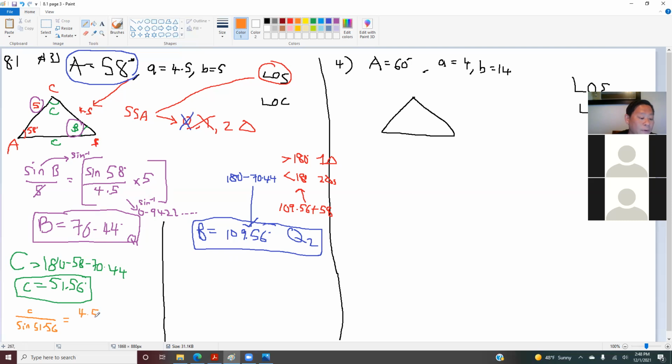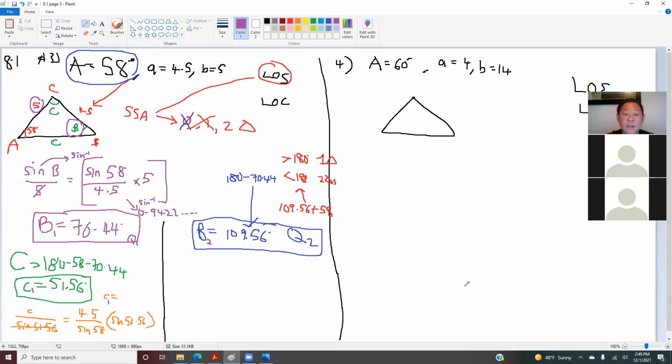So 4.5 over sine 58, and you multiply by sine 51.56 here. Now you will find the length C in this case. Some of you will label this as B1, C1, and C1 is telling us that this is for the first triangle. And then this is B2, C2, and C2 is for the second triangle.